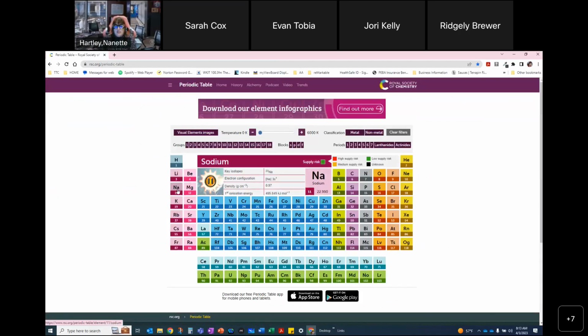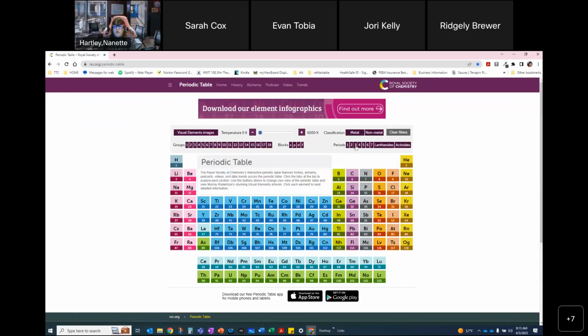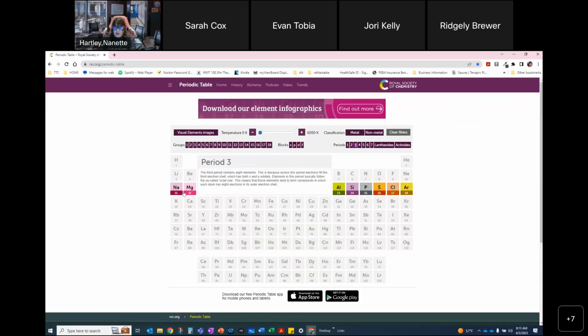I'm talking about these guys that are here: sodium, magnesium, aluminum, silicon, phosphorus, sulfur, chlorine, and Ar. So row 3. If I talk about these, I know that if I'm one of these metals over here, I'm trying to lose electrons to come back and be like neon, right? And if I'm over here and I'm a non-metal, I'm trying to gain electrons to be like argon.